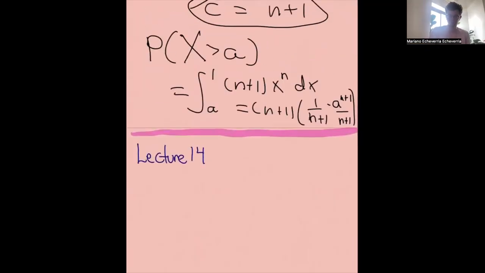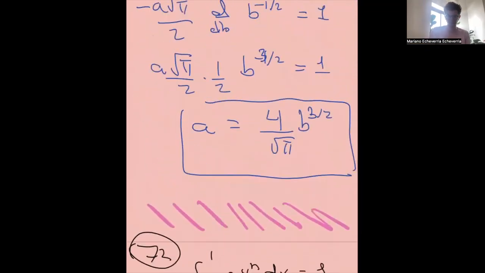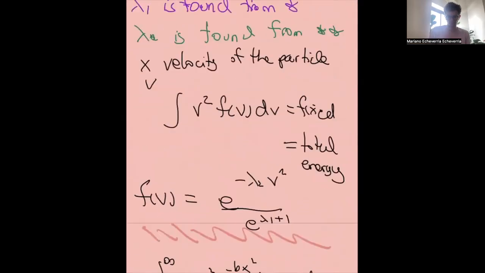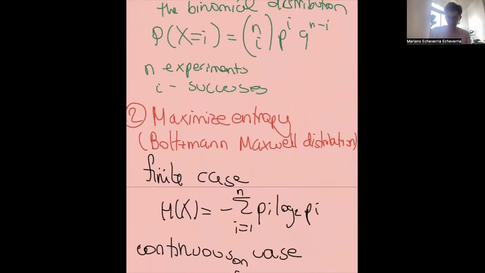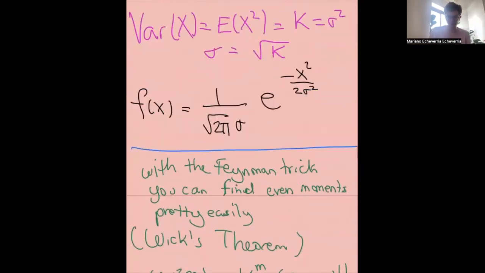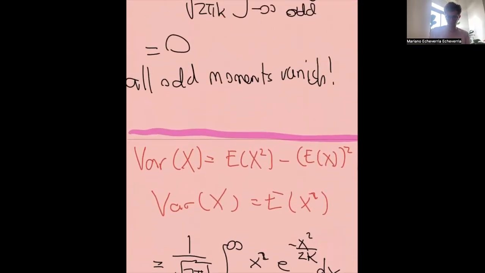Just to remind you what we were doing, not yesterday, Wednesday, 2 days ago. We spent some time talking about the Gaussian, or the normal distribution, which is the other name given to it.